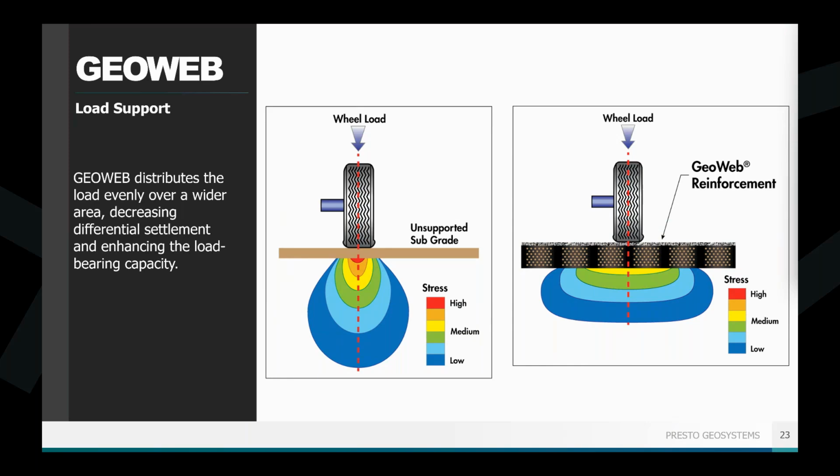We've completely eliminated the red and orange stress level of this admittedly unverified graph, but it also spreads that load out significantly wider. That's because of the hoop stress within the GEOWEB cells. So you're having less stress over a larger area. That's a really great way to visualize what's happening as you're driving over the panels. You can see what's happening on the ground.